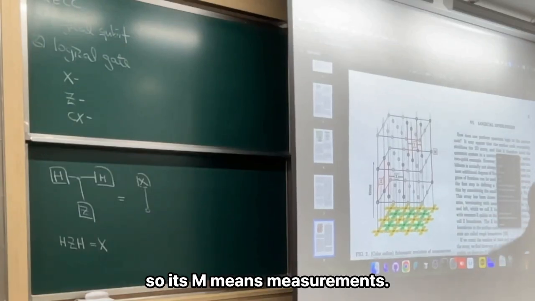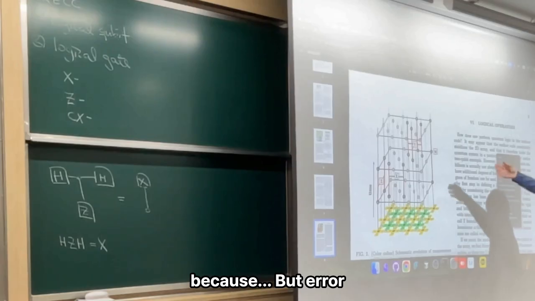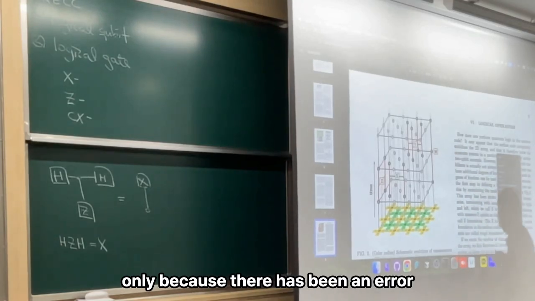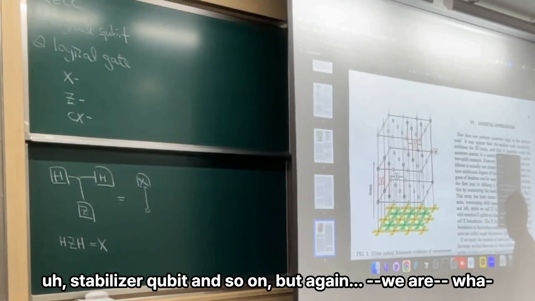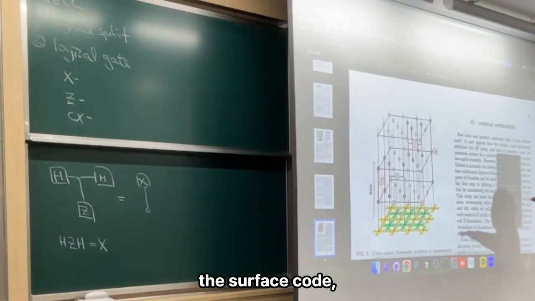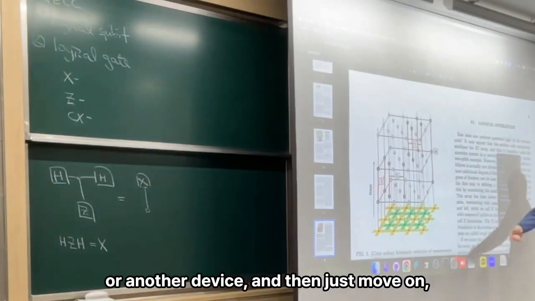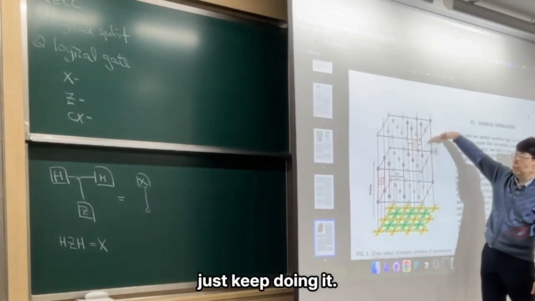So M means measurement. So the error occurred at the change only because there has been an error when we measure the data stabilizer qubit, and so on. But again, when we actually implement the surface code, we just take the measurement and record it to the classical computer or another device, and then just move on. Just keep doing it.